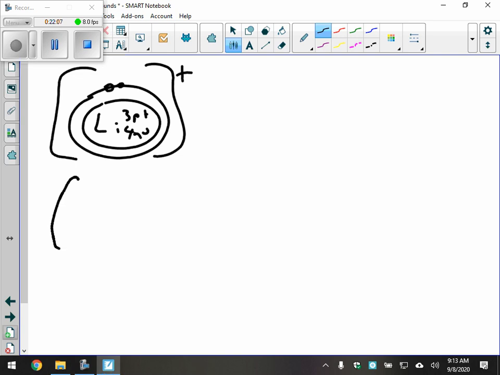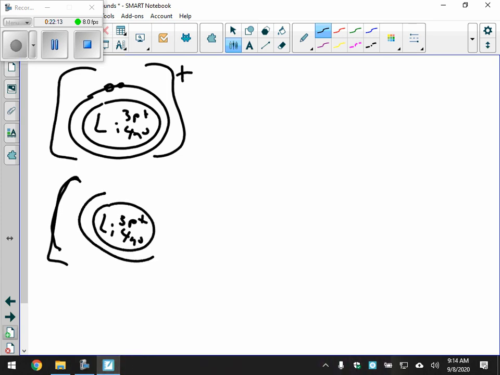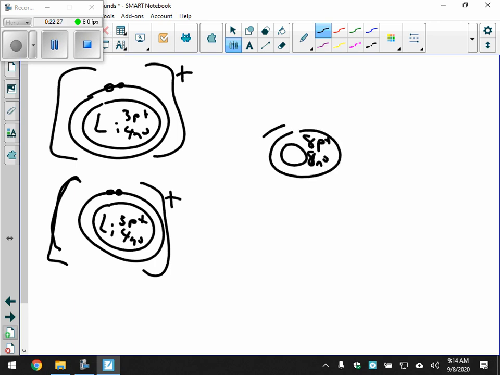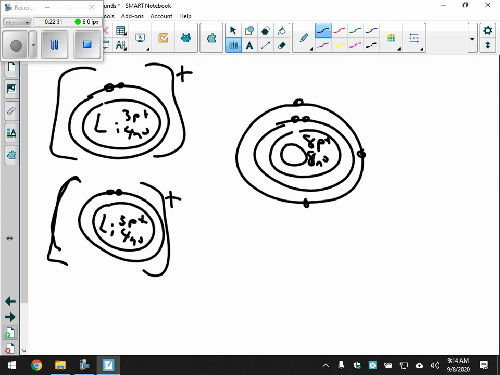This lithium here, and 4 neutrons, loses 1 electron, yes? And the oxygen had 2, 3, 4, 5, 6, had 6, has gained 1, 2, yes?